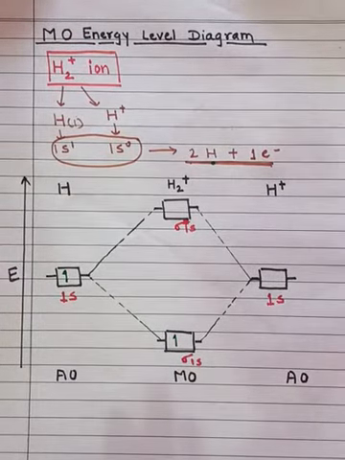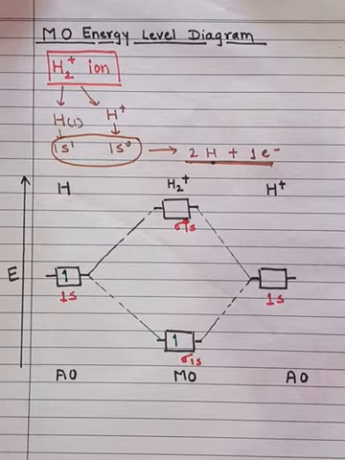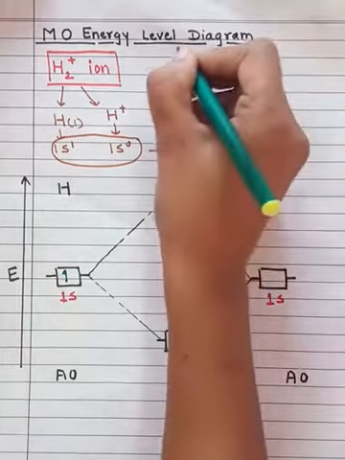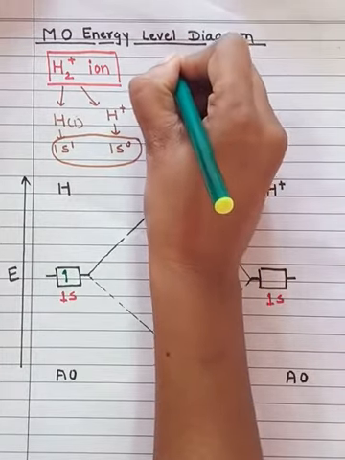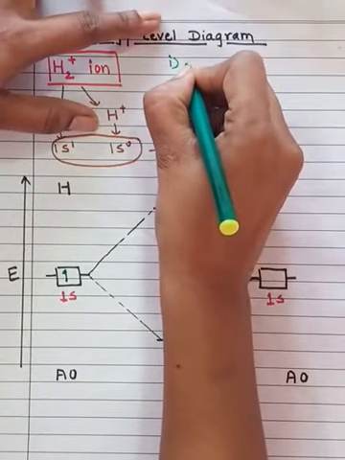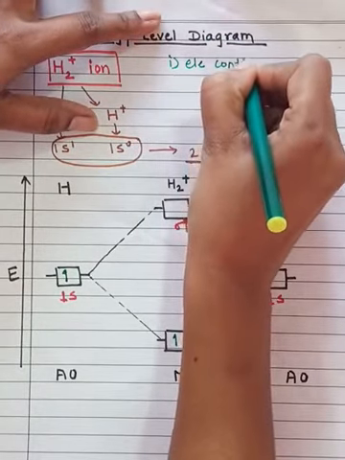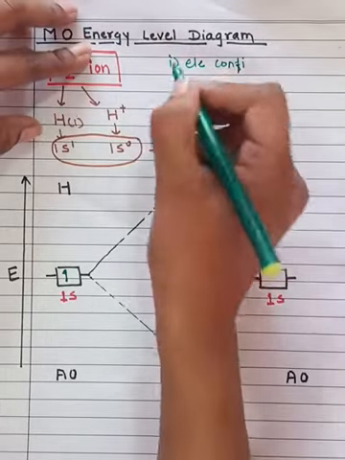Okay, so from this MO energy level diagram we have to find out 4 factors. Which are the 4 factors? Yes, we have seen in the last video. The first one is the electronic configuration, that is, the MO electronic configuration.